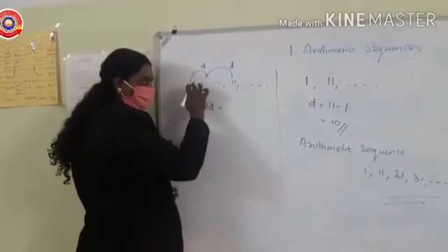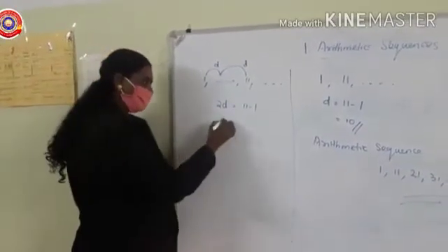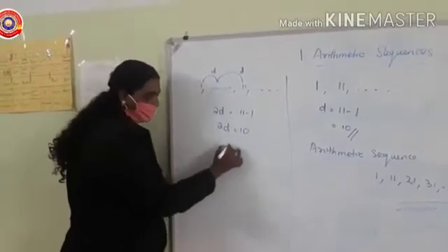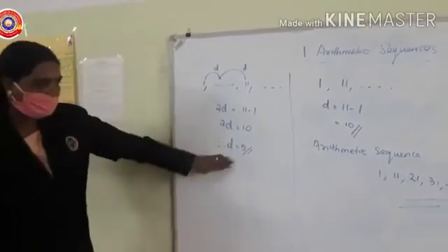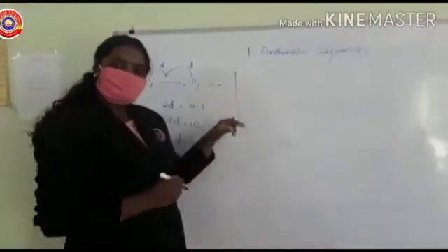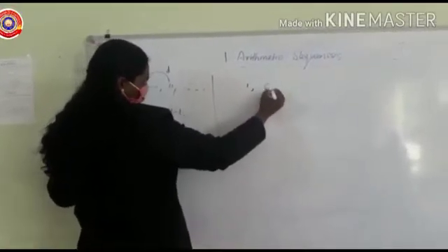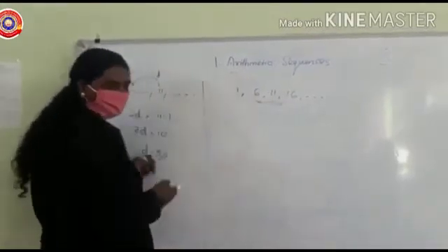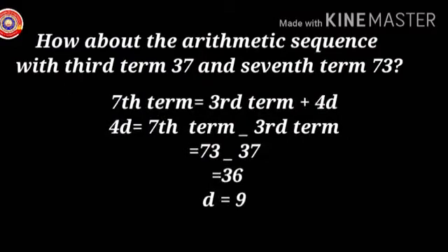That is, 11 is got by adding twice the common difference to 1. 2d equal to 11 minus 1. 2d equal to 10. So, twice the common difference is 10, which means d equal to 5. Now, we can write the arithmetic sequence as 1, 6, 11, 16, etc. Next, another example.